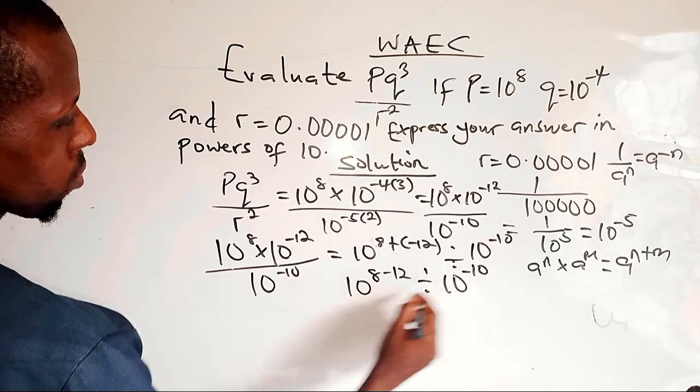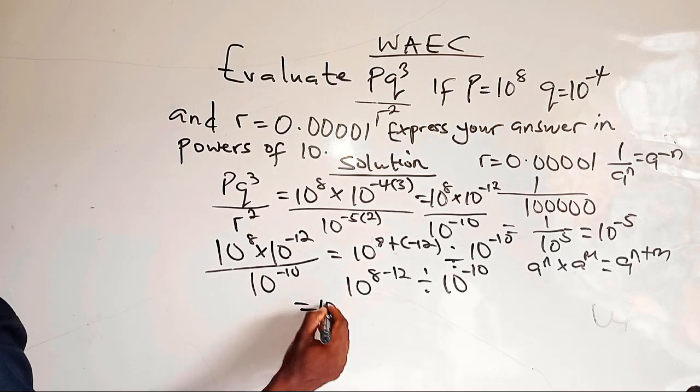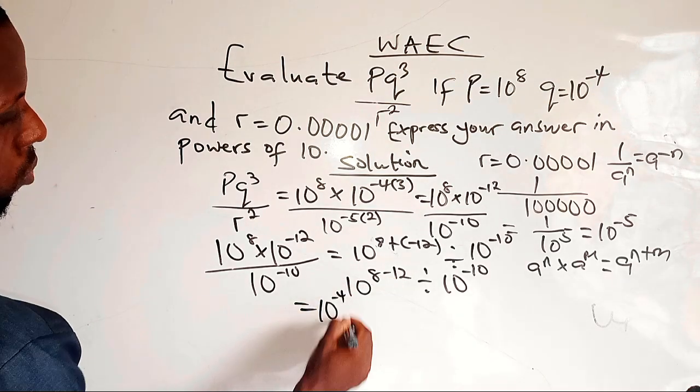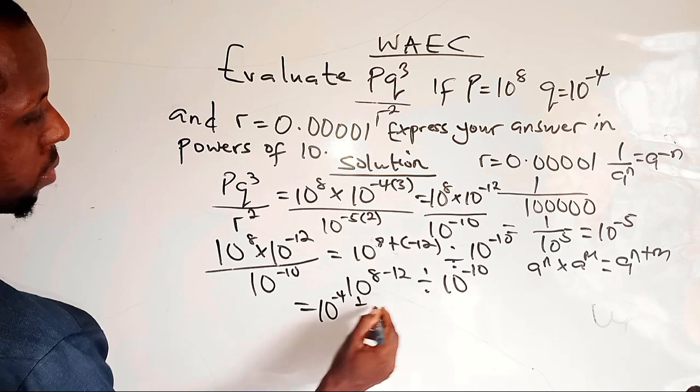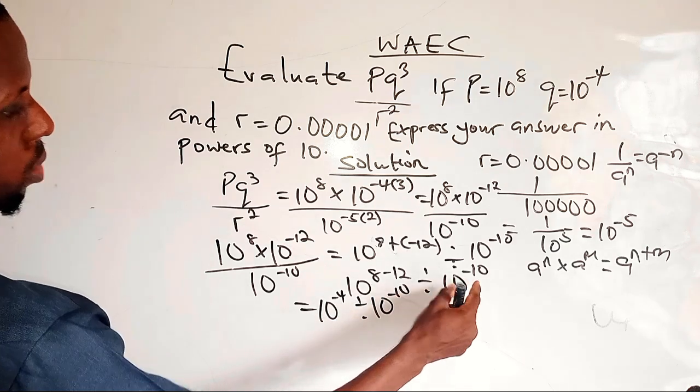When we do our addition, plus times minus is minus, so 8 minus 12 is minus 4. So we have 10 raised to power minus 4 divided by 10 raised to power minus 10.